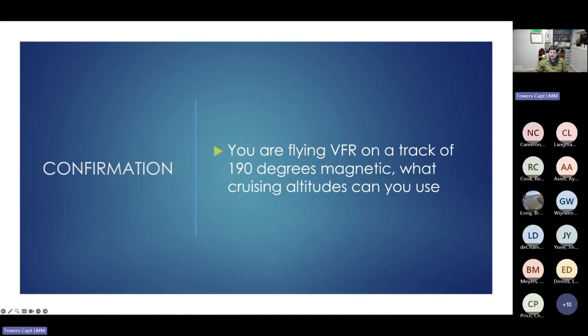Okay. You are flying VFR on a track of 190 degrees magnetic. What cruising altitudes can you use? So with a track of 190 degrees magnetic, are you flying west or are you flying east?